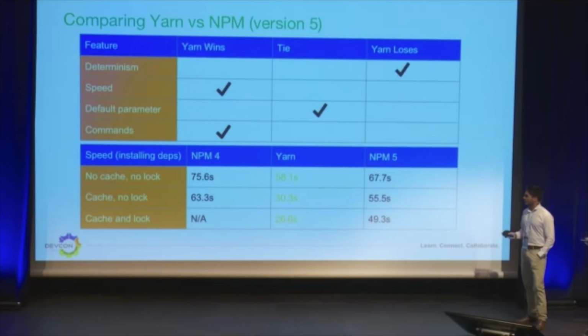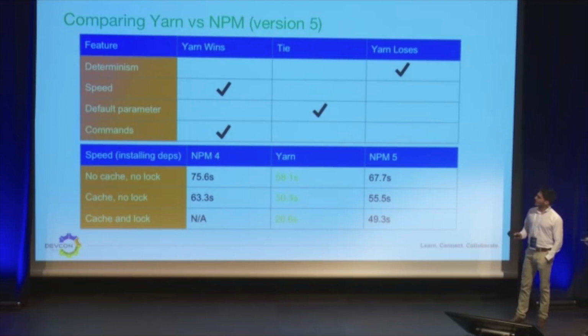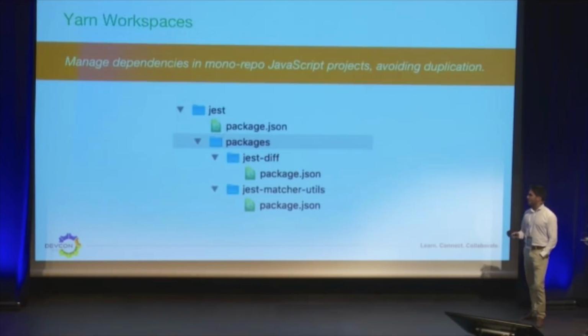We can say in some cases it is 50% better. Related to the default parameter, we have a tie. That's because, well, basically we can do an install for them without specifying the command. And finally, yarn wins with the commands because, well, yarn has some interesting commands which can help us to manage our npm packages.